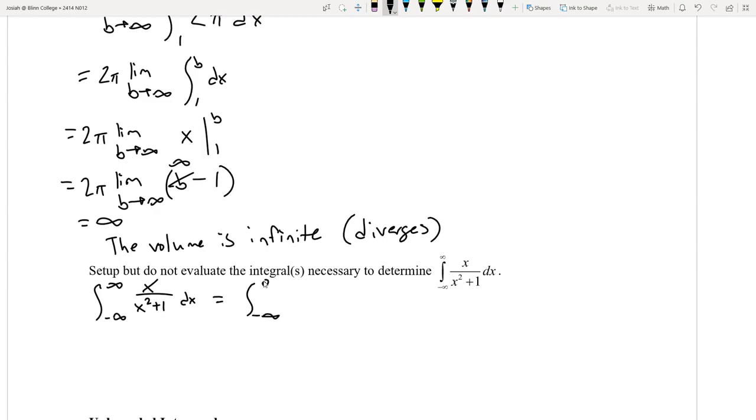So we'll go from negative infinity to 0, and then we'll also have another integral from 0 to infinity. Right? So if we add these back together, we would end up with the full negative infinity to infinity. But this way we can actually use limits and still be within the confines of our definition. So we'll go ahead and use the limit as a tends to negative infinity to talk about the first integral.